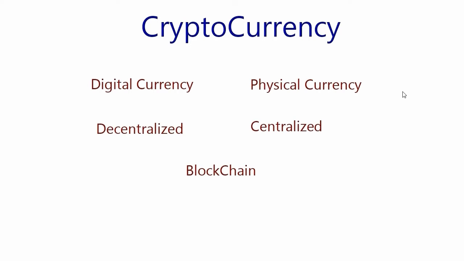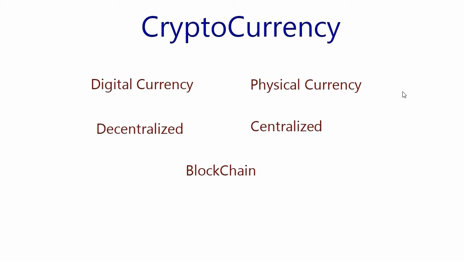Digital currency. Cryptocurrency is actually a digital currency. The rupee note in India, or a dollar note in America, and other currencies which are used in their respective countries are examples of physical currency, which you can see and store whenever and wherever you want, like in your home, in your wallet, even in your banks.